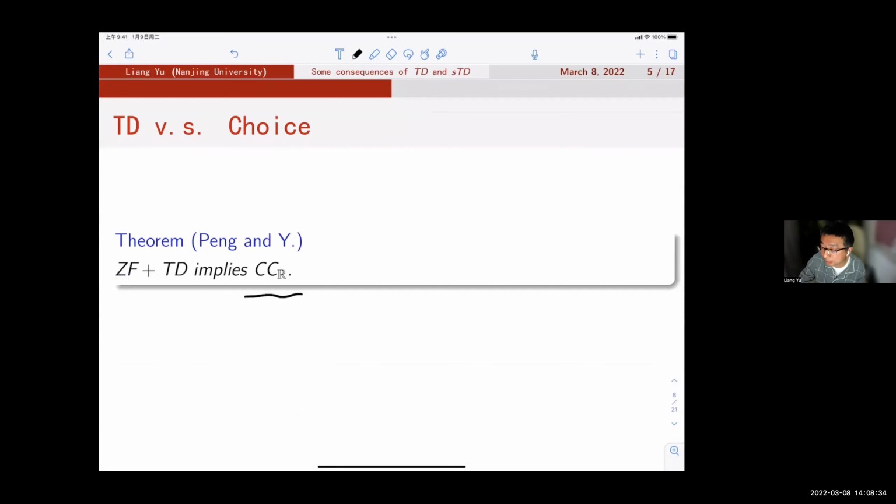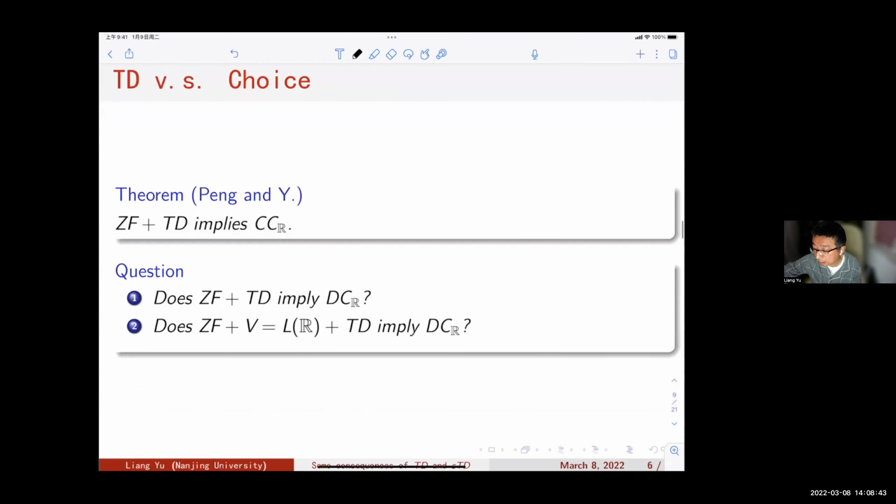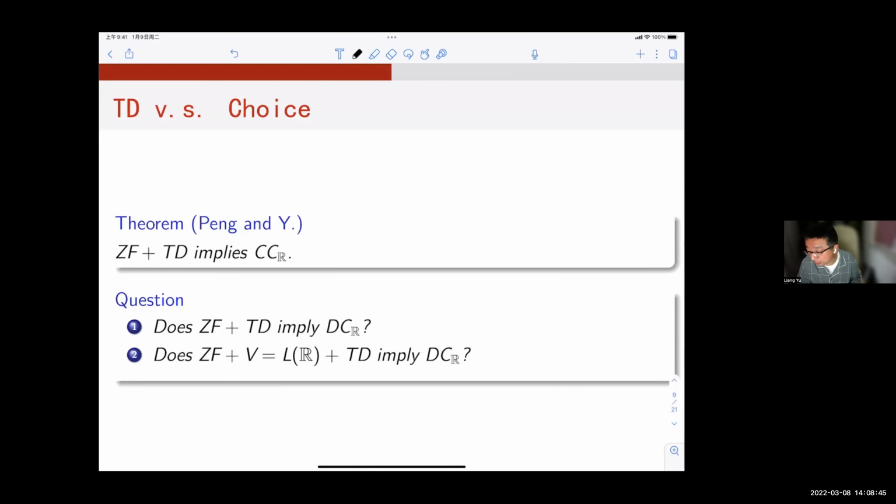So we just need to assume ZF plus TD, with no additional assumption for CC_R. Here are some questions related to set theory and recursion theory. We don't know whether ZF plus TD implies DC_R, and we don't know whether Kechris's result holds if we replace AD with TD. These are open.